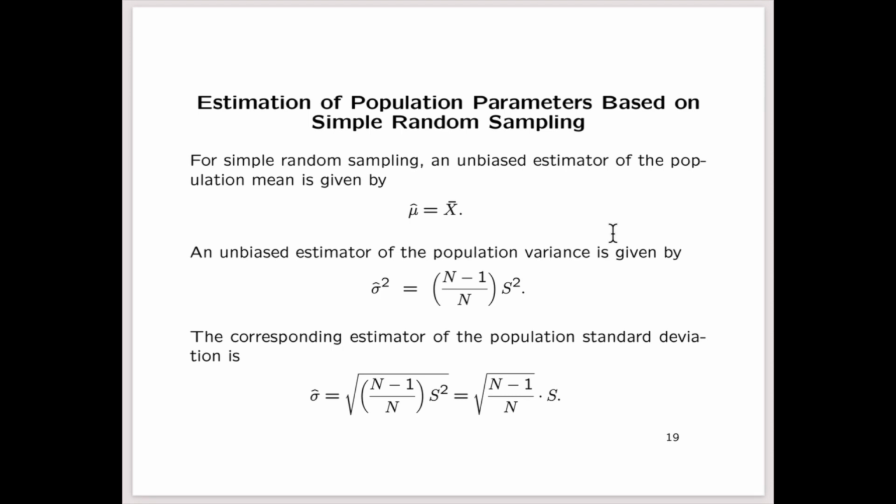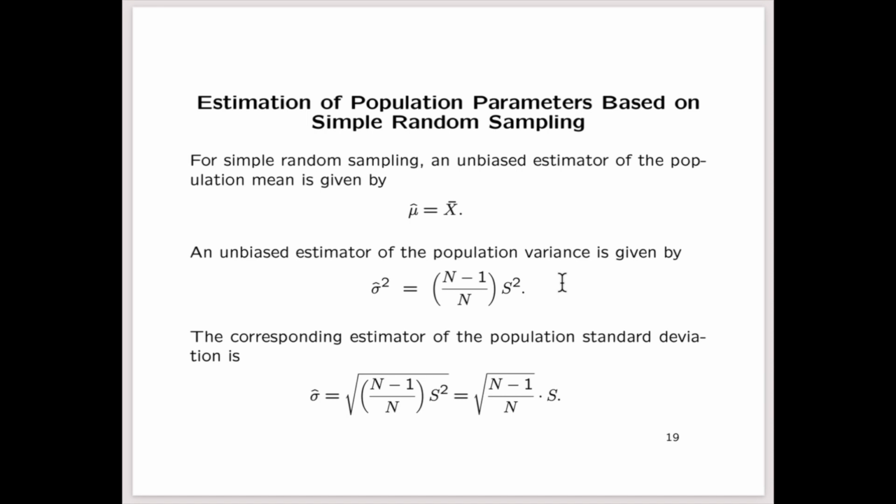So we need to adjust that sample variance in order to come up with an unbiased estimator of the population variance. The way we do that is shown here in the middle of this slide. We take s squared and multiply it by n-1 over n, where n is the population size. You'll recall that it was shown, and demonstrated in an example, that as an estimator of sigma squared, the sample variance is biased, and in particular, it tends to be too large.